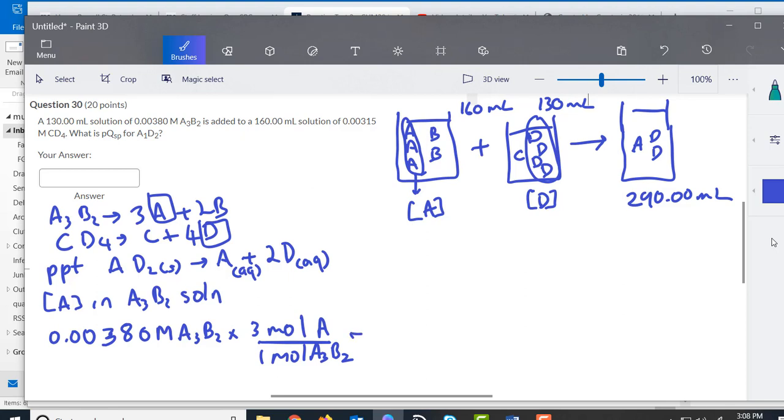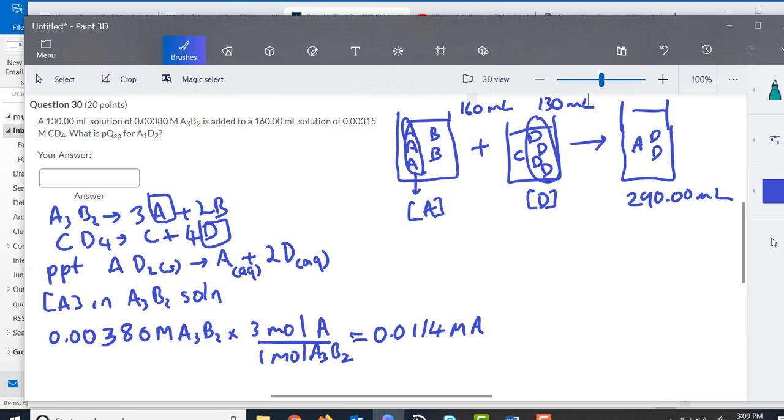Now this is going to get us to 0.0114 molar of A. So that's in the initial solution there. And we're just taking into account the fact that 3 moles of A forms for every 1 mole of A3B2.